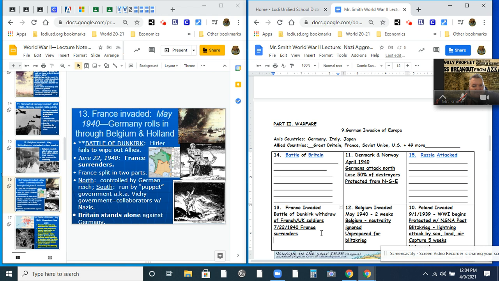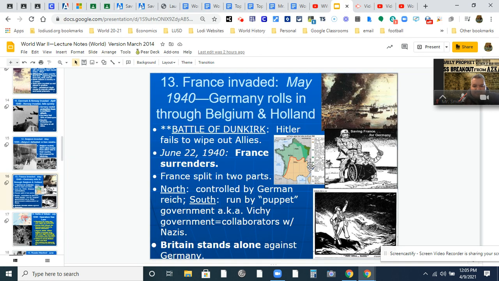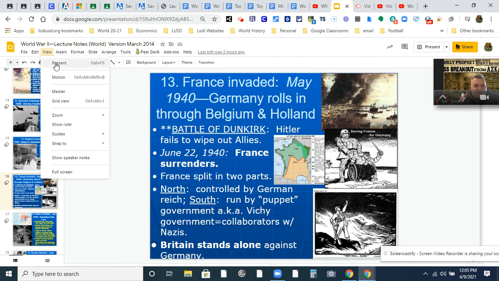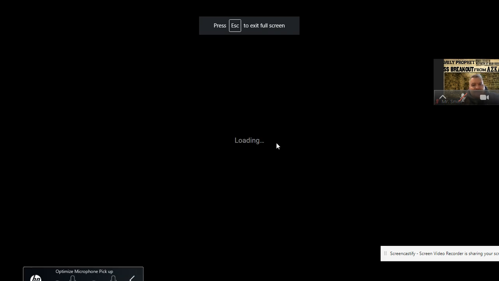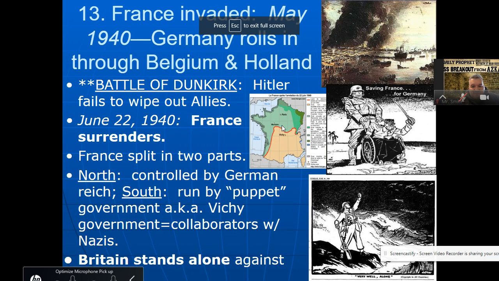After the German victory, the Nazis control the north directly. That's the part that's in green here on this map. And then the southern part is called Vichy. See this part that includes Paris? That's the part that the Germans controlled directly.